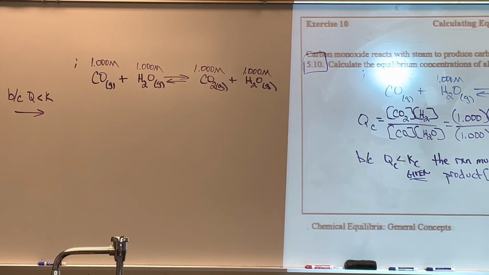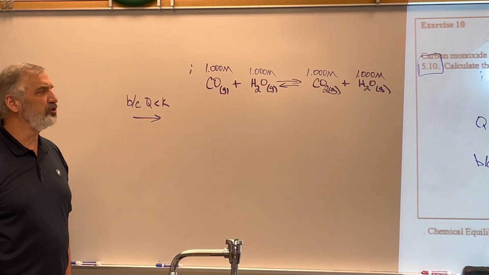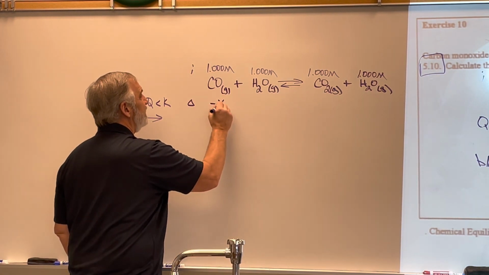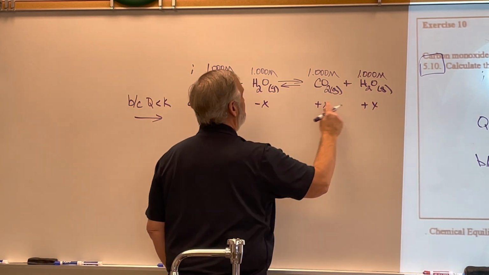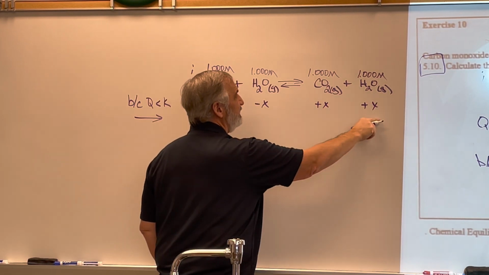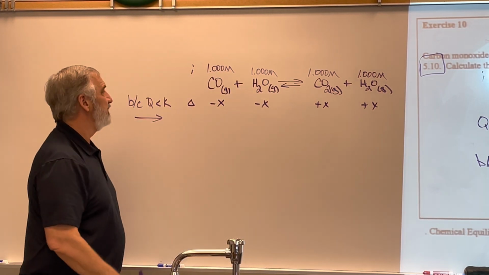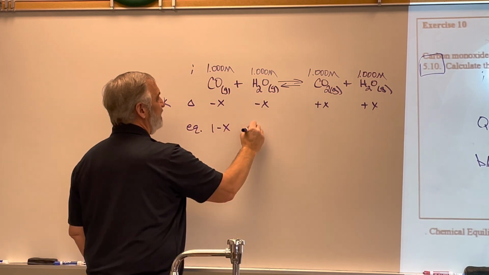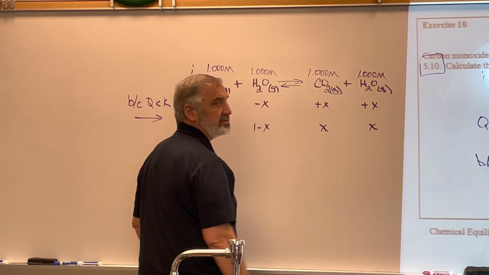Are you with me on that? It's called the reaction quotient, that's why they use Q. So that means my change is going to be minus X, plus X, and plus X. This is going to react to make this. These are going to go down, these are going to go up. So at equilibrium, I'm going to take all my zeros out, I'll put them in at the end. X and X.